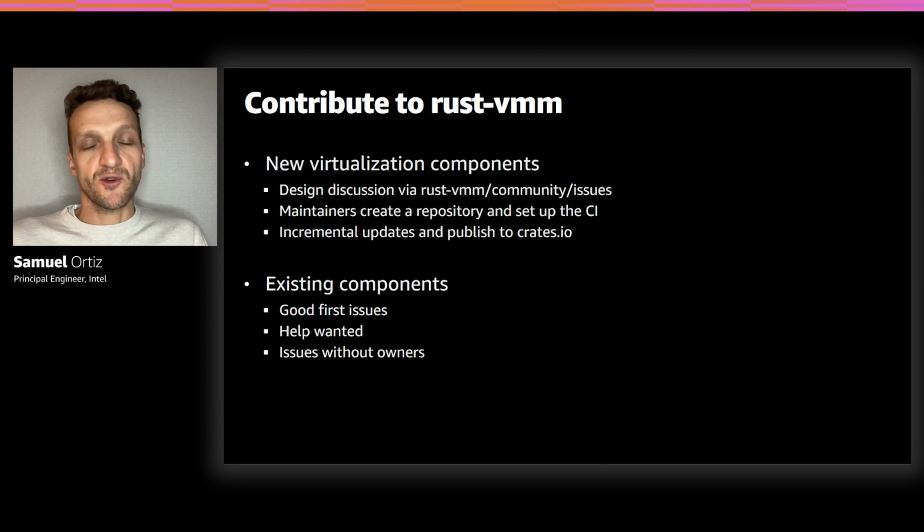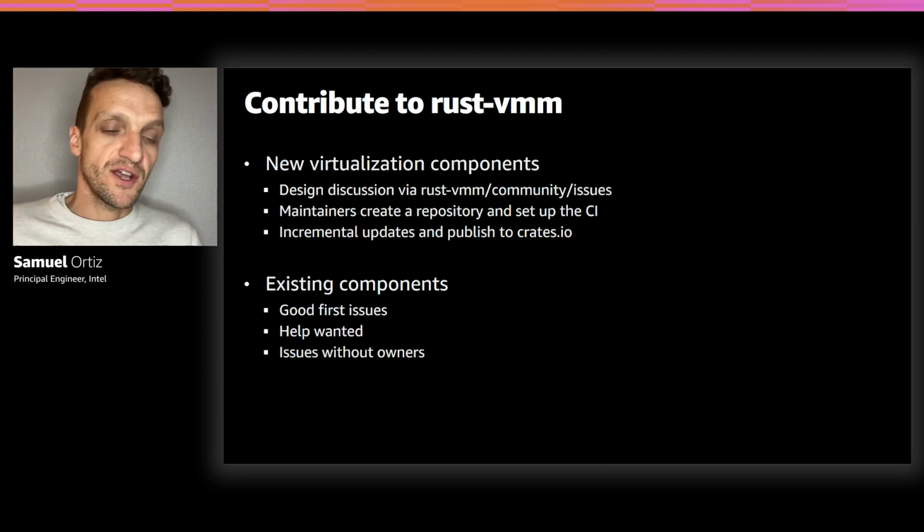Then, once there's an agreement on the relevance and the design of this new component, maintainers will create a repository and set up the CI for this new repo, and people can start contributing to it, usually in an incremental way. We're not looking at the perfect first contribution, so this is very much an incremental process. Eventually, when things are settled down and we reach a satisfactory point, things will be published to crates.io.